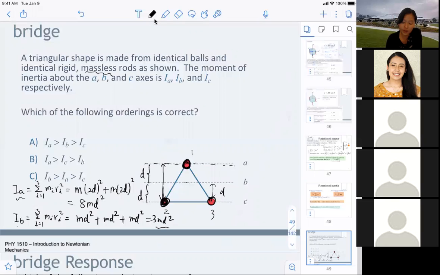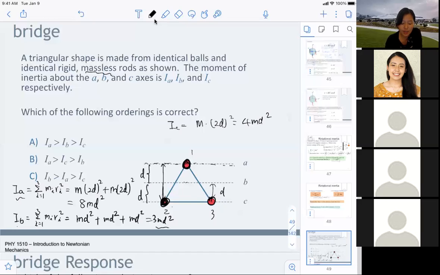Last one is IC. Because 2 and 3 are both on this axis, there is no distance for 2 and 3, so there's no contribution of rotational inertia from them. The only contribution comes from 1, so that's m times the distance from 1 to C, that's 2d squared, that's 4md squared.